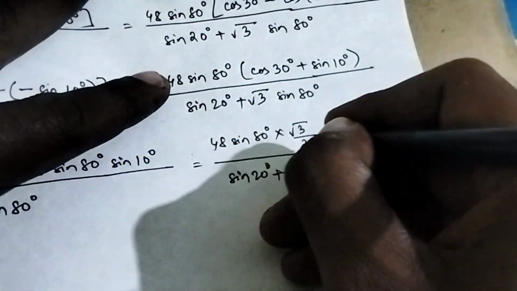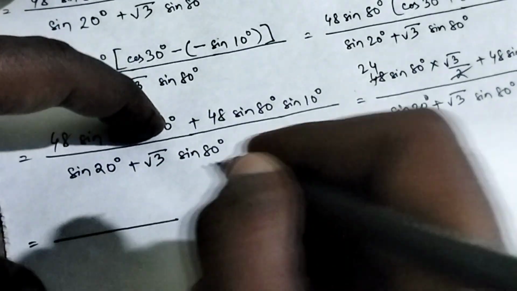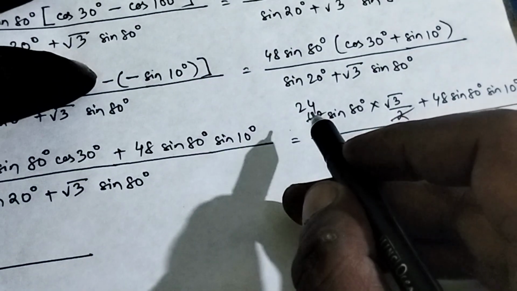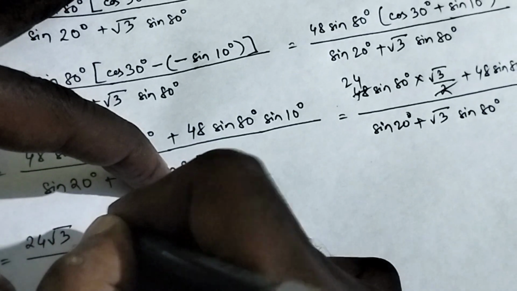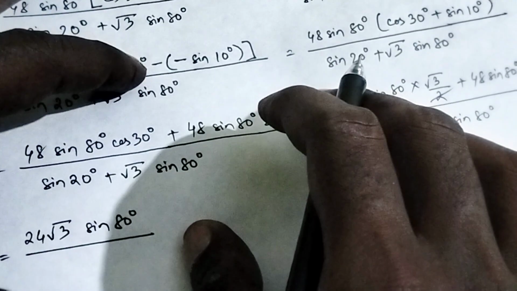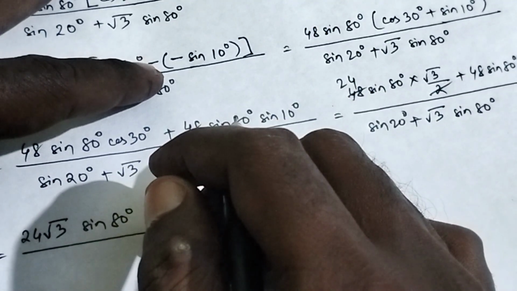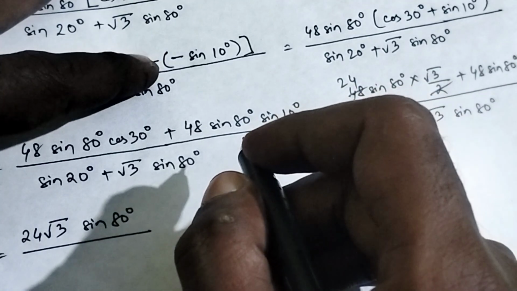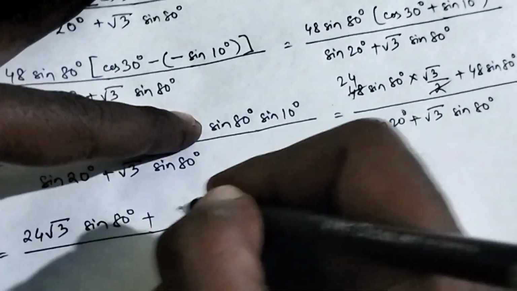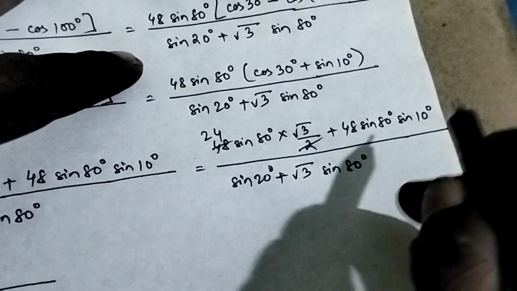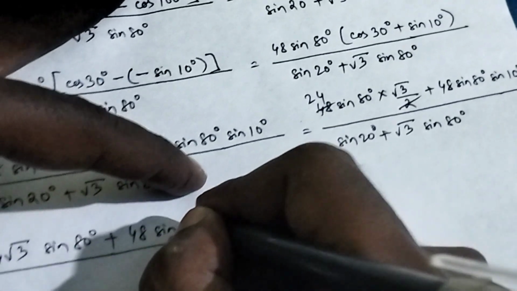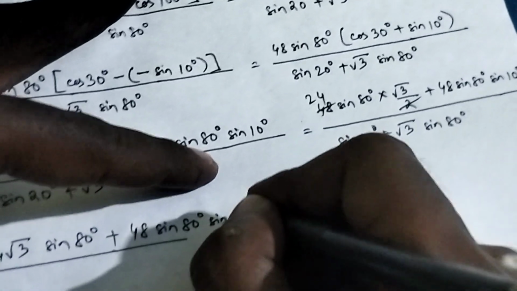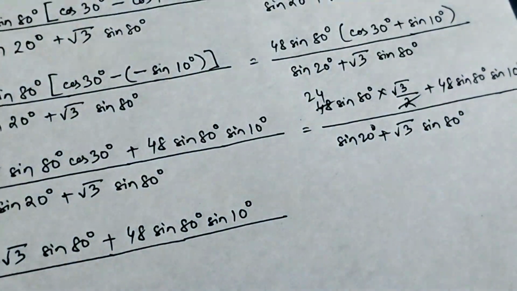Okay, so 48 times root 3 by 2 is 24 root 3, so it will be 24 root 3 sin 80°, plus 48 sin 80° sin 10°.